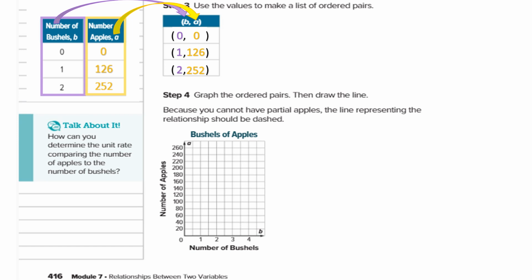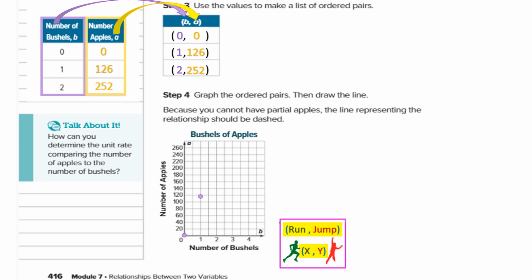So once again, the pattern is I'm going to run and jump. Since it's in quadrant 1, I'm going to have all positive numbers. I'm going to run forward every time, and then I'm going to jump up. So (0, 0) is pretty easy. It just starts down there in the bottom left-hand corner. I don't go anywhere. On the next one, it says (1, 126). So I have to run forward to 1, and then I have to jump up to 126.